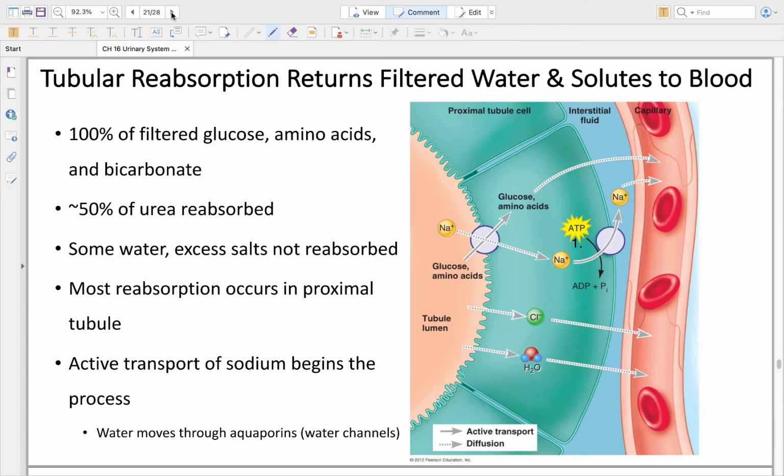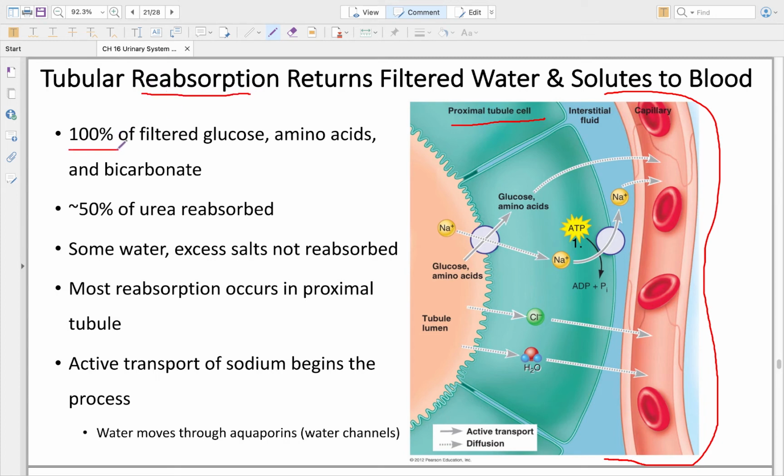Now the next part, tubular reabsorption, which is the second step, is going to happen in the proximal convoluted tubule, right? And if you look closely, this is the proximal convoluted tubule, and this is the capillary network right here. Okay, so what comes back? What's reabsorbed into the body?